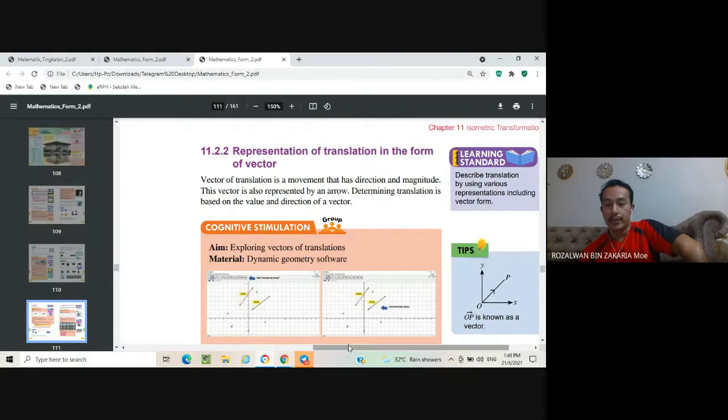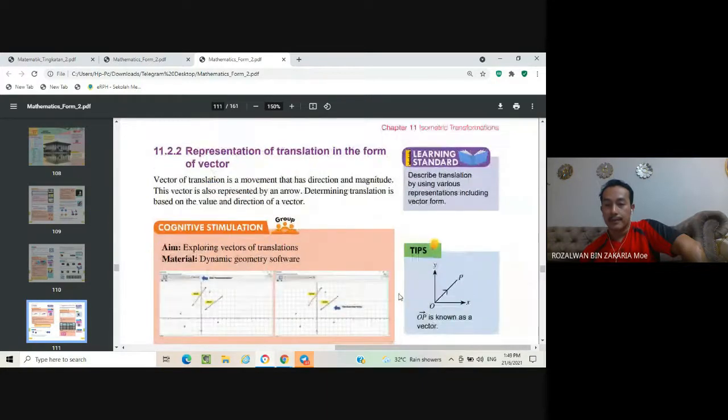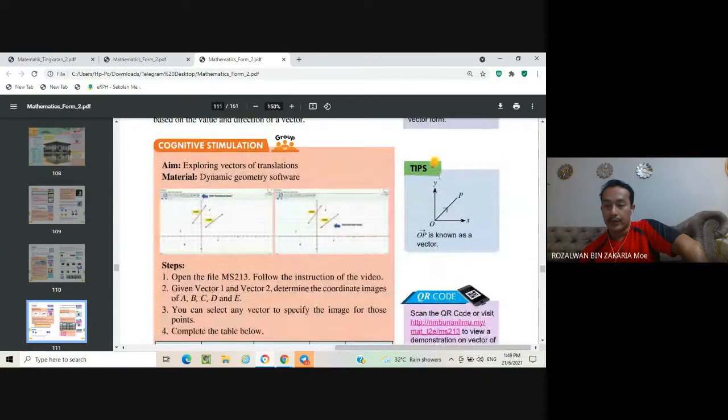Okay, so look at this one. If you refer to this diagram here, we have a line OP here. So this arrow represents a vector. You can write OP, then draw the arrow at the top of the OP to represent the vector.